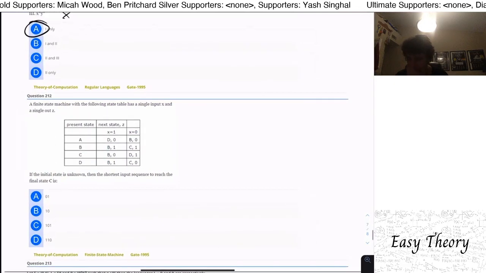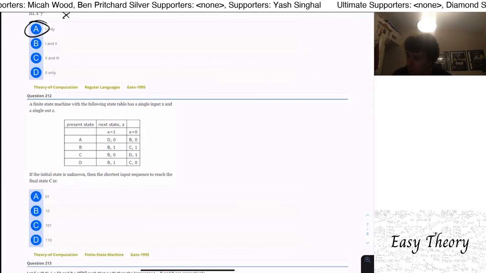A finite state machine has the following state table. If the initial state is A, what's the shortest input sequence to reach the final state?